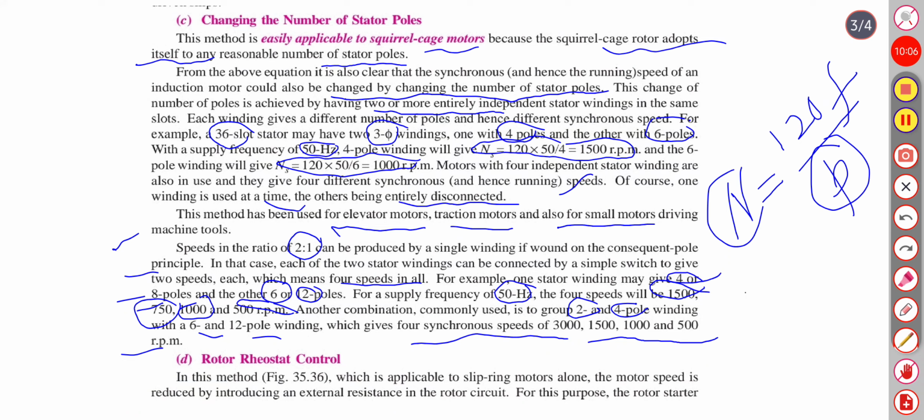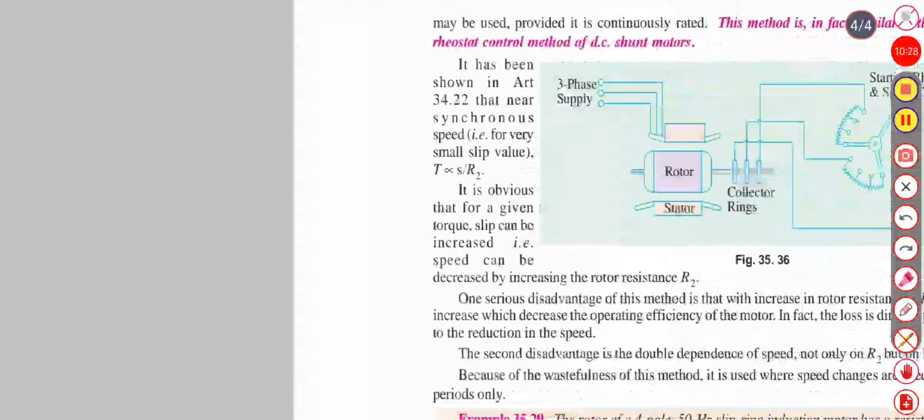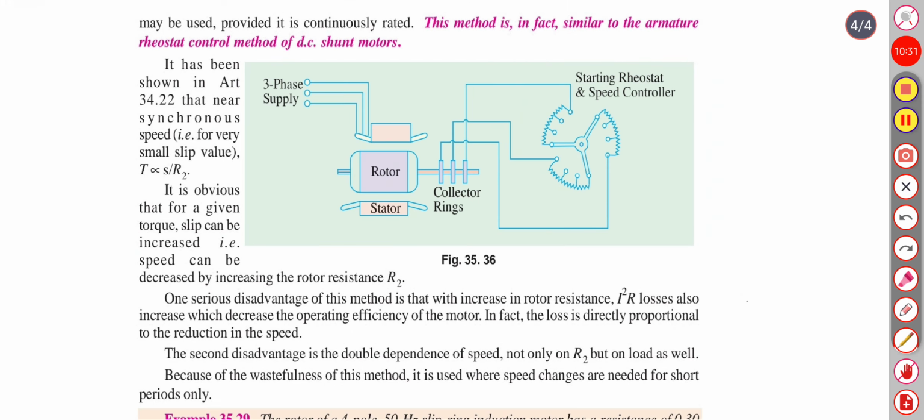Now, the fourth method is rotor rheostat control. In this method, which is applicable to slip ring motors alone, the motor speed is reduced by introducing an external resistance in the rotor circuit. For this purpose, the rotor starter may be used provided it is continuously rated, or it may be of S1 duty.